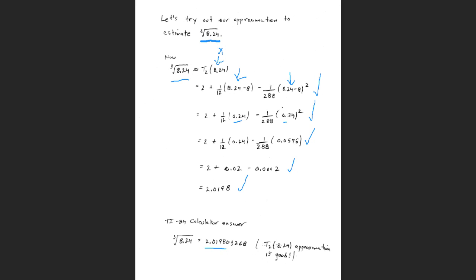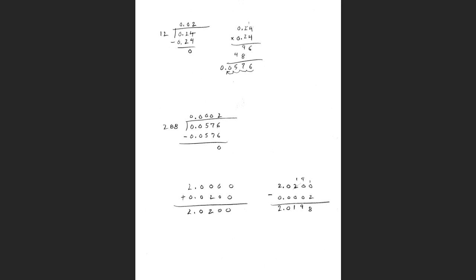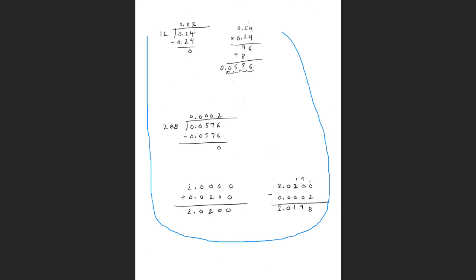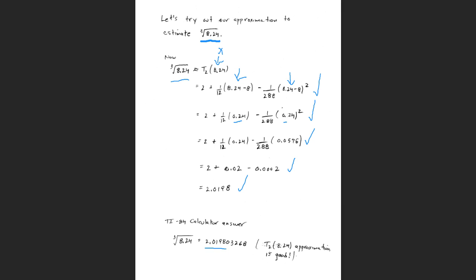By the way, I'll show this page real quick so it's in the recording. All the math used in getting the 2.0198 answer is just simple math that a human can do and also a computer can do.